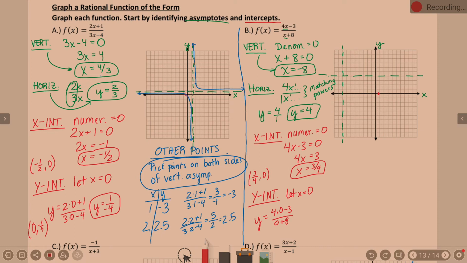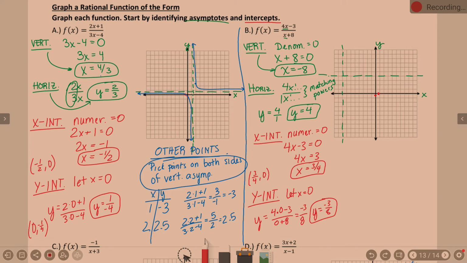Well, 4 times 0 is 0, minus 3 is negative 3, and 0 plus 8 is 8. So I end up with a y-intercept of y equals negative 3/8. That's just putting 0 in for x and doing the math out. For a y-intercept of negative 3/8, on the y-axis, where's negative 3/8? Right there below the origin, right? Again, I know, not the easiest numbers to deal with.